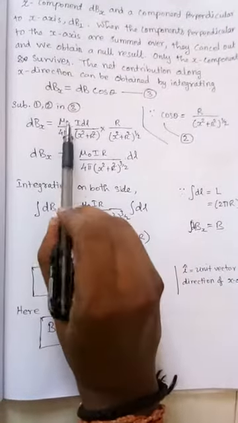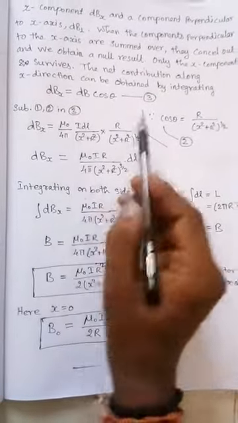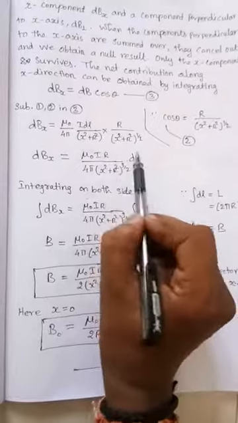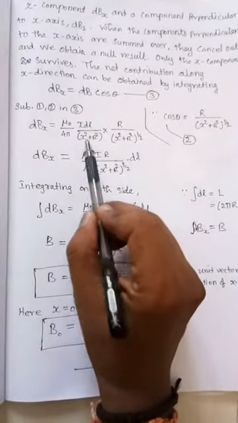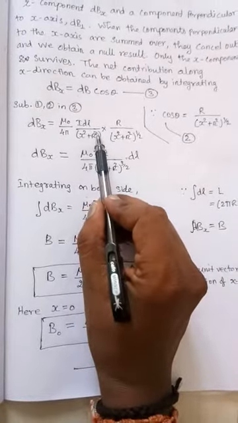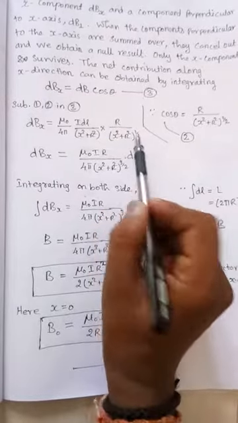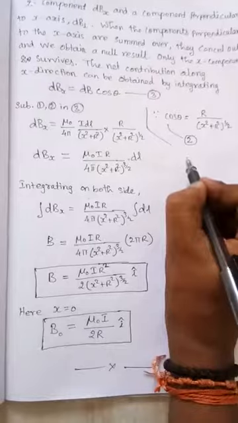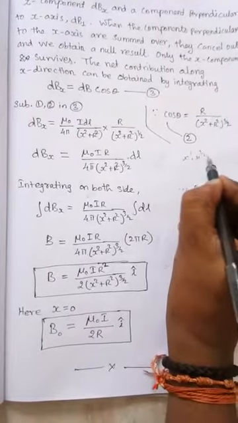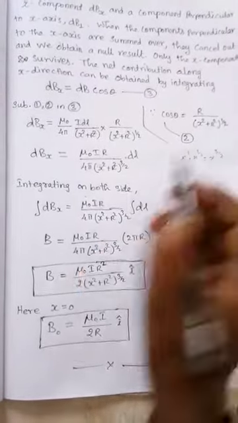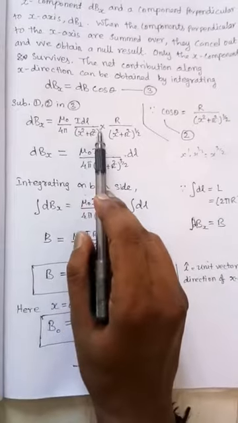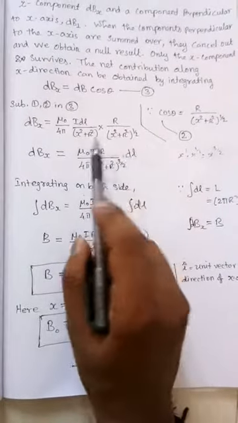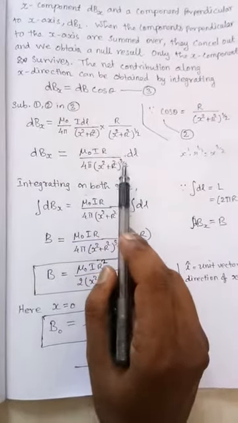So this is mu naught I R dl divided by 4 pi, x square plus R square into x square plus R square whole power 1 by 2, which is nothing but x square plus R square whole power 3 by 2.